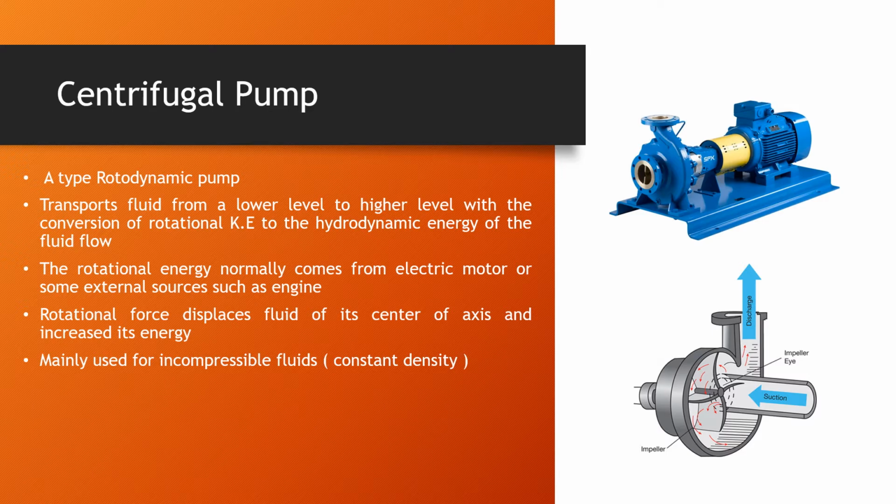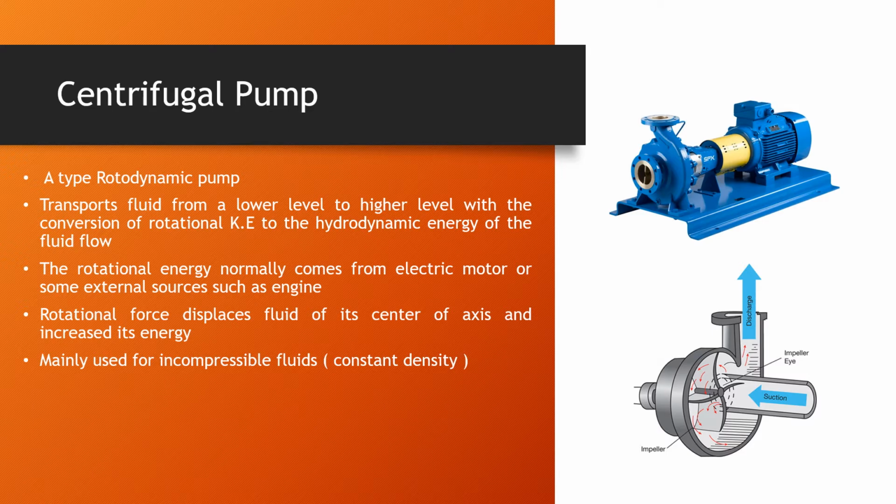So since centrifugal motion is imparted to the fluid, that's why it's called a centrifugal pump. Now these pumps are generally used for incompressible fluids, basically liquid fluids, and we know that incompressible means constant density, and centrifugal pumps can handle highly viscous fluids. That means water, oil, honey, even in case of slurries, and in cases of other mixtures, maybe like in the paper industry, the paper and water mixture, the raw paper.